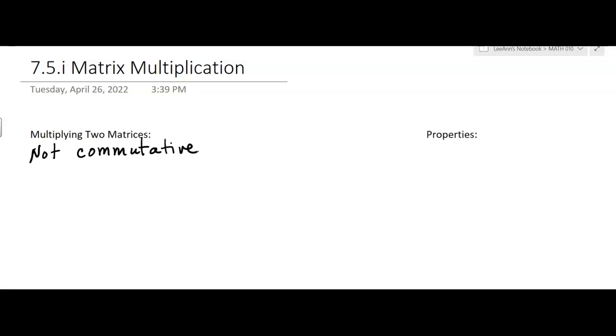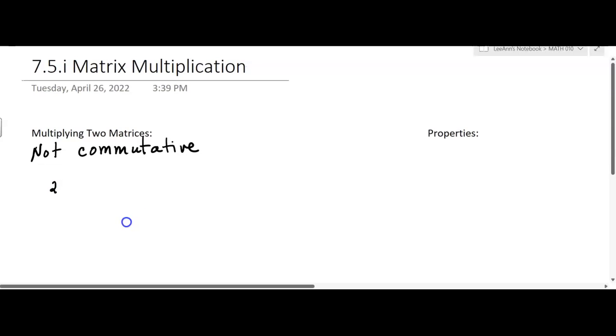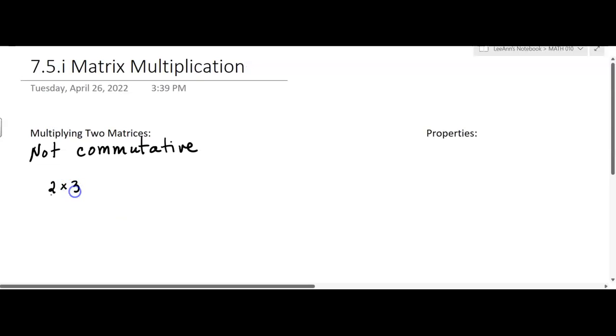Second, they don't have to be the same size, but here's what has to happen. If you have, well, we'll just write it the way the book does. If you have a 2 by 3 and you're multiplying it by a 3 by 3, these two have to be the same.